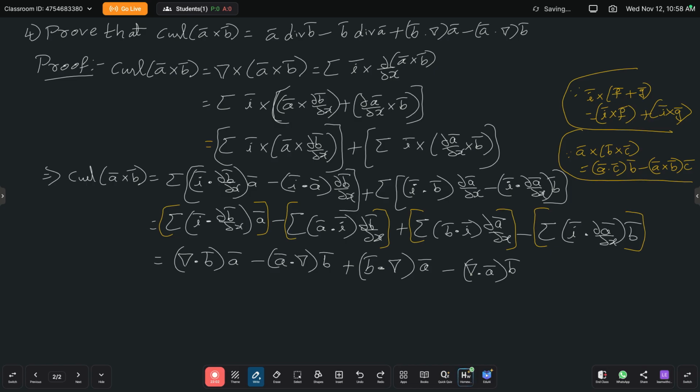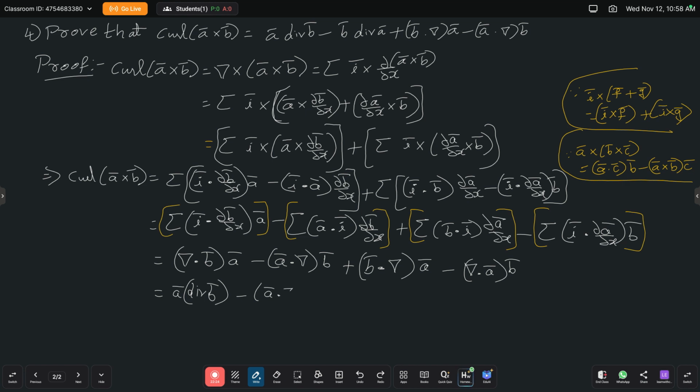Del dot b bar is nothing but the divergence of b bar, so it can be written as divergence of b bar into a bar, or a bar into divergence of b bar. Both are the same. Minus, there is no change here.